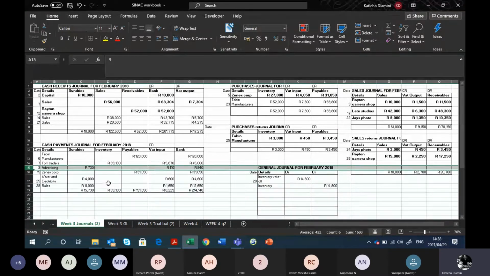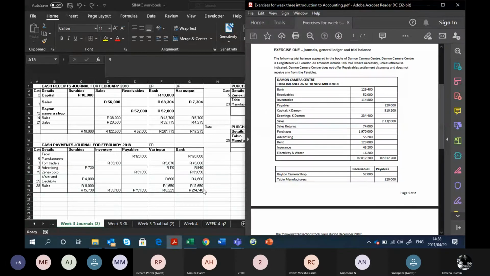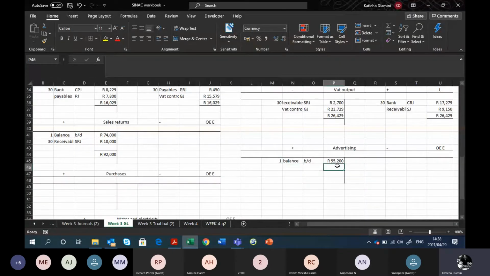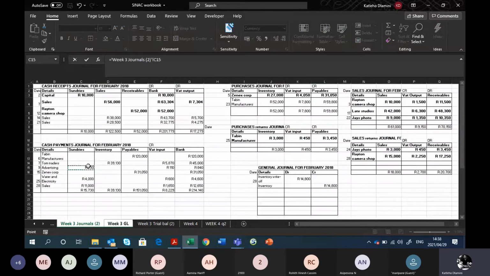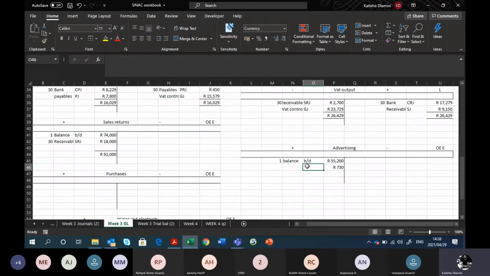For 730 Rand. So 730. Let me grab it from here. 730. Okay.